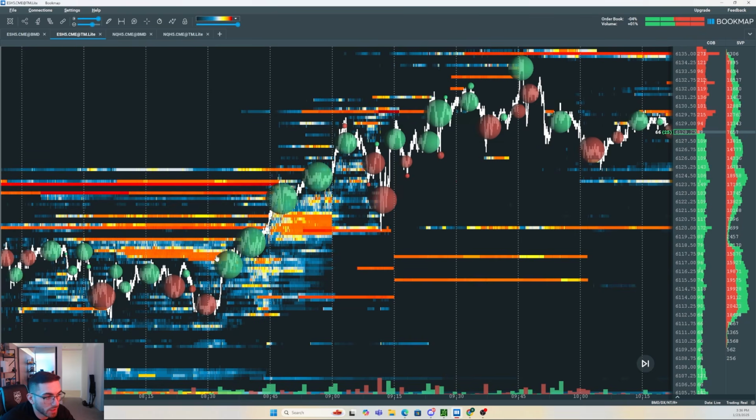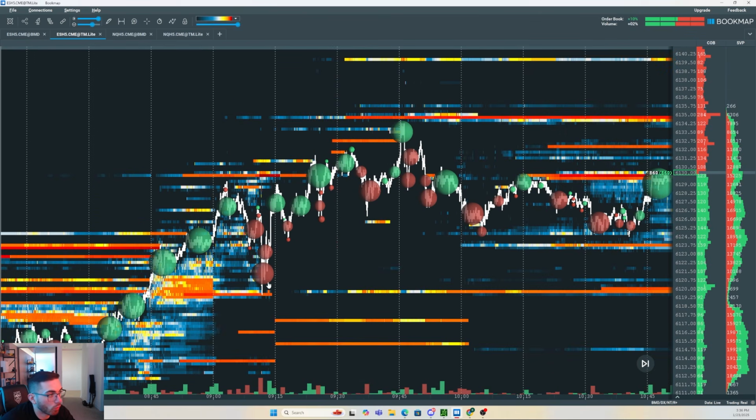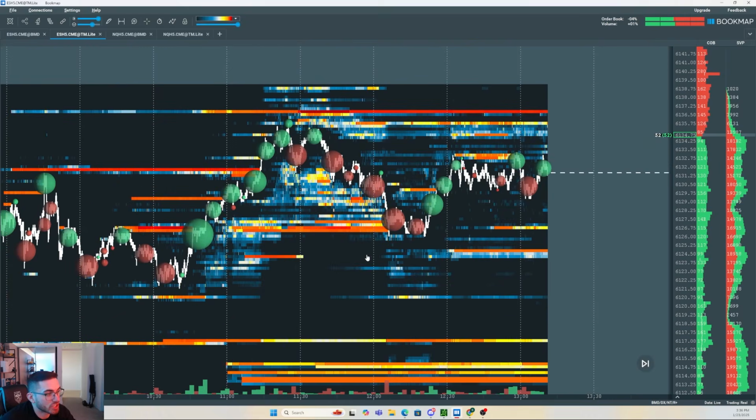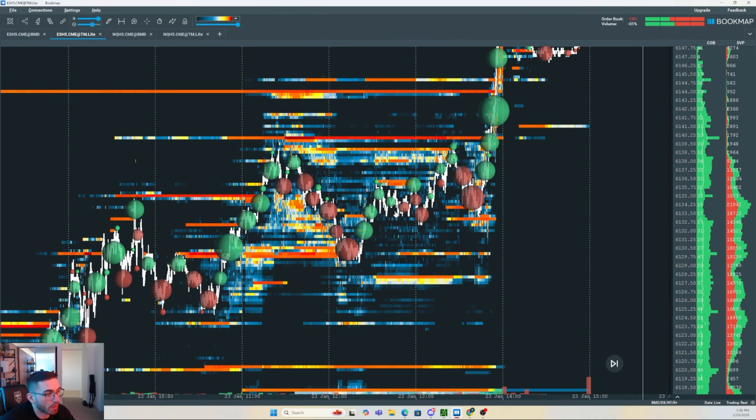Or earlier in the morning, when we broke above these sellers right here, what ended up happening? Price came back down towards those passive buyers, which we could see right here, filled them, and then we got a larger move to the upside. So again, the shaded areas are representing where the passive buyers and the passive sellers are in the market, and we can gauge how many passive buyers or sellers are at that area just based off of the color scale right here.